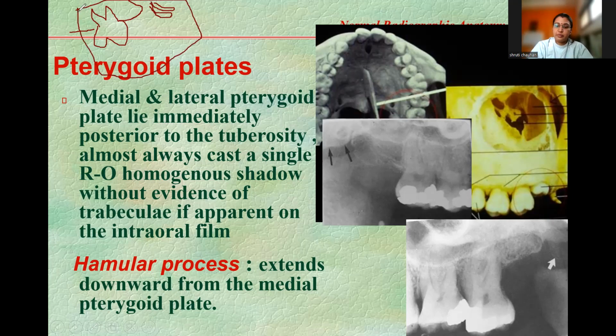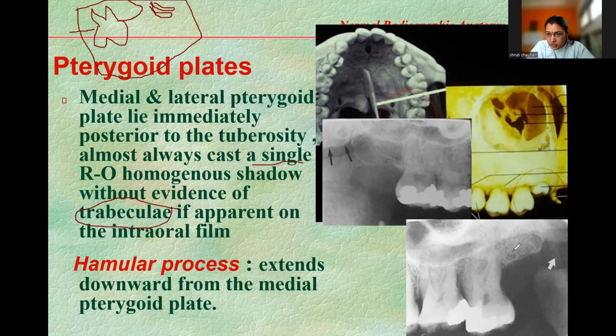Okay. Very posteriorly. And how do you differentiate that? It is solid and it has a single radio-opaque homogeneous shadow without evidence of trabeculation. Okay, what does this mean?